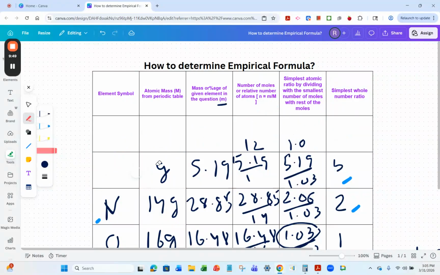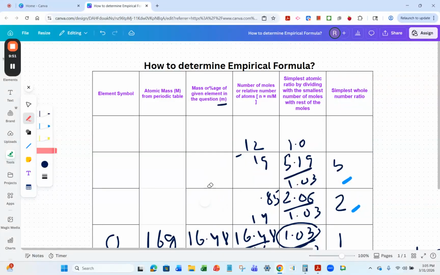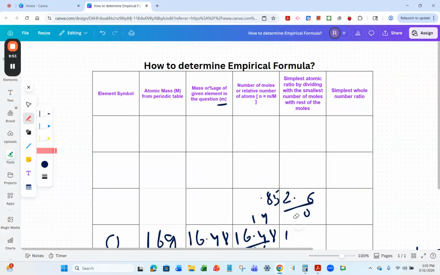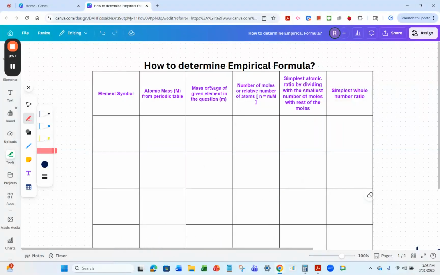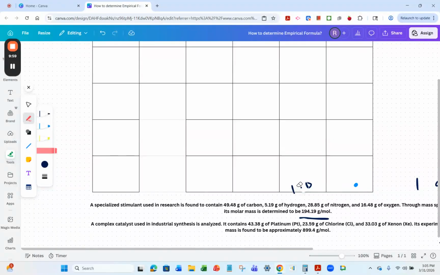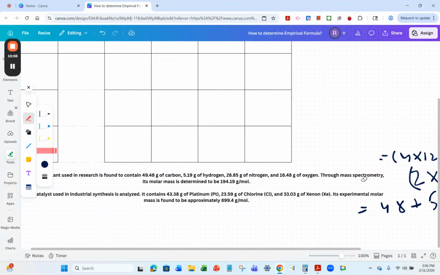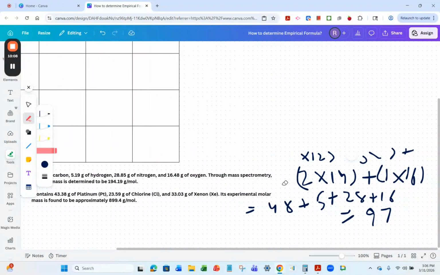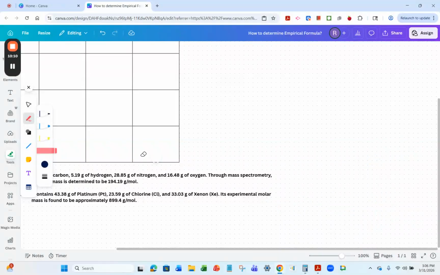Okay, second question, one more example. It's not difficult if you use the table, then it's easy to understand and do the calculation. Okay, here we go. Erase everything.